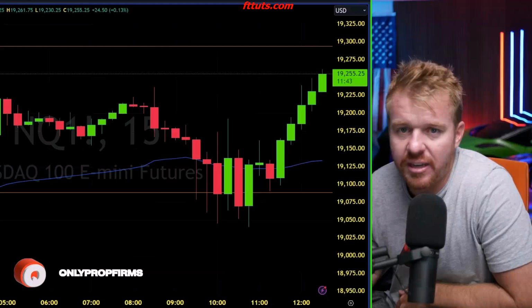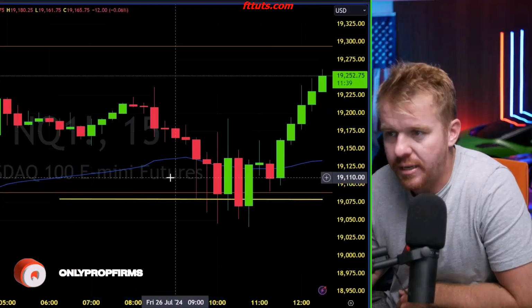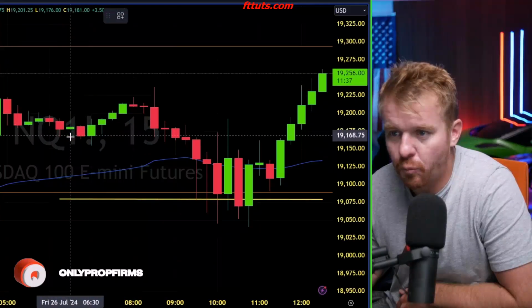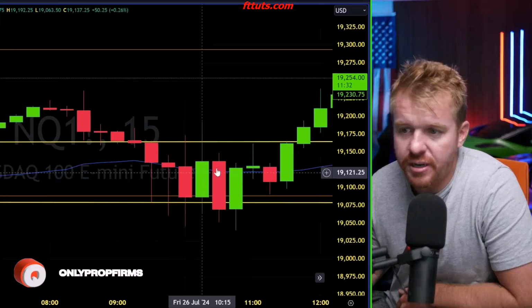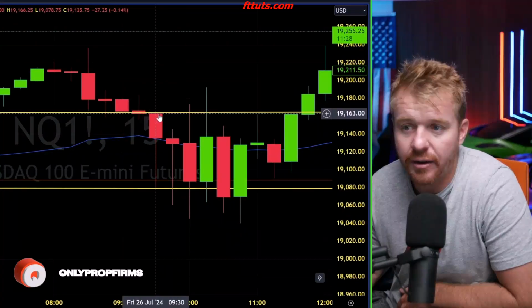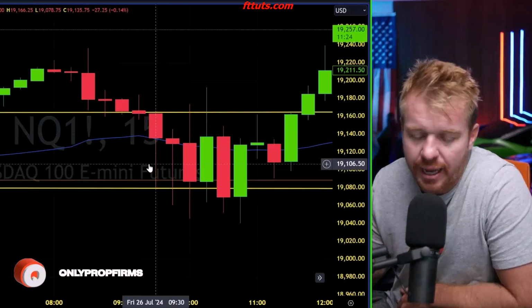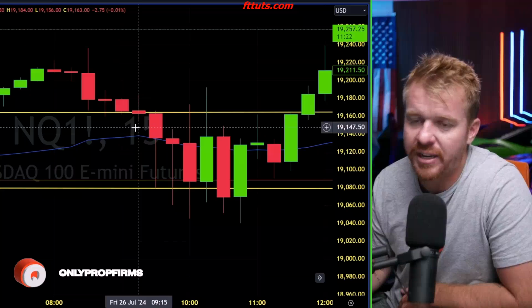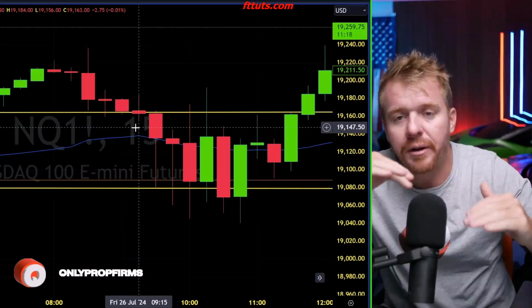So if we look here at the 15-minute chart, and obviously now the market's already moved well past this level, but as we can see, that first 15-minute candle of the day. So here's the 9:15 candle, the 9:30 candle, and then the 9:45 candle. The 9:30 candle is the one that we're focused on here because that's the first 15-minute opening range, right?